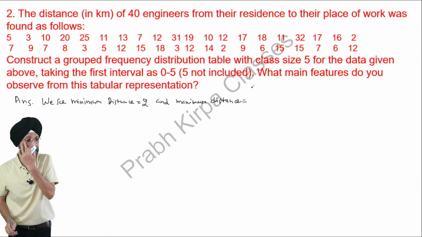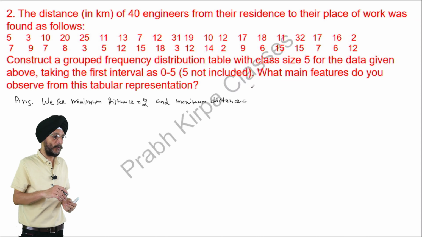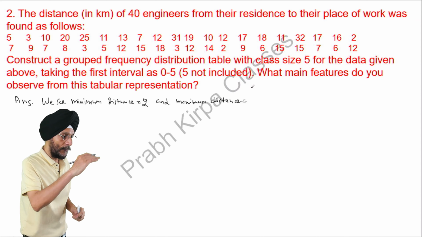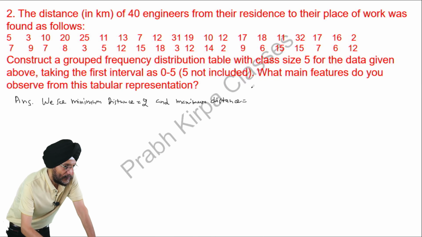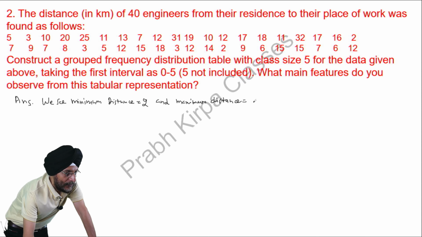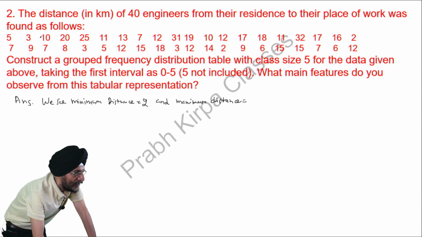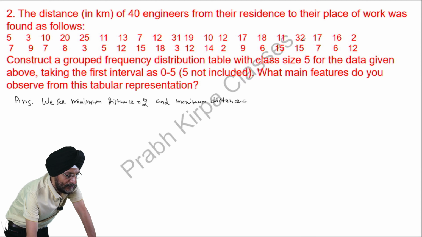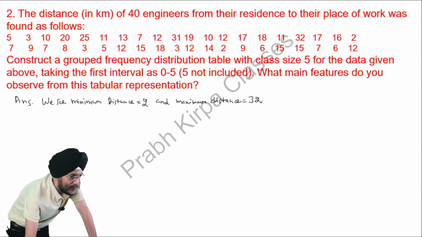We are mentioning it because on the basis of this distance we will form the groups or the intervals. So the maximum distance: here it is 10, 20, 25, 25, 31, 31, anything more than that, this is 32, anything more than 32, no. So the maximum distance is 32.